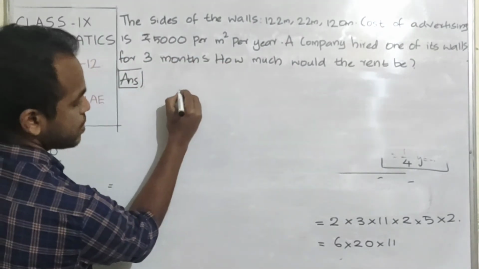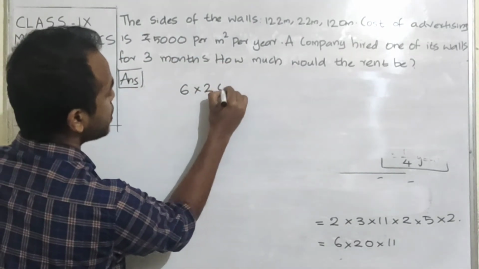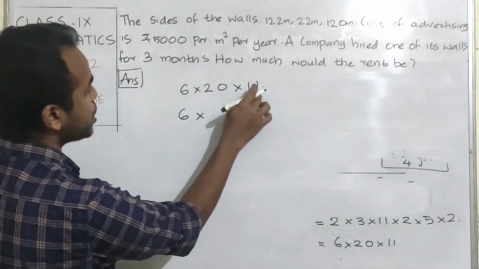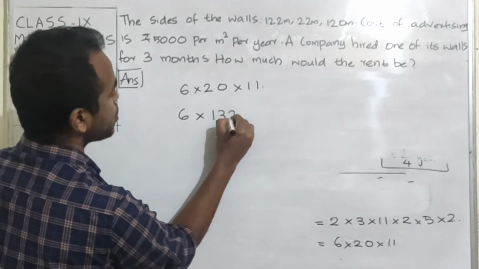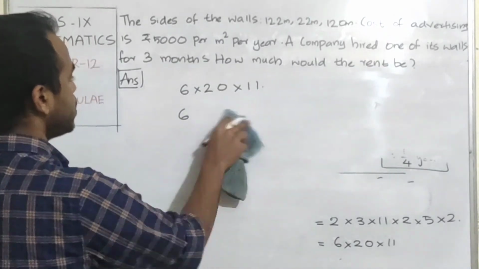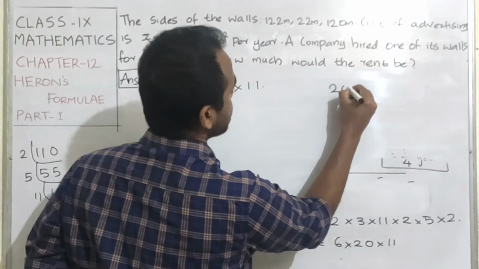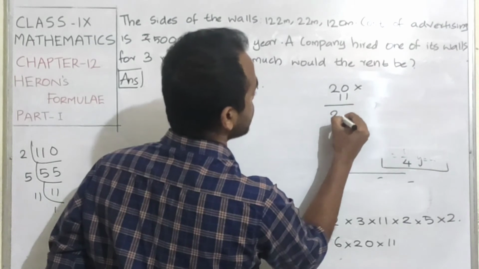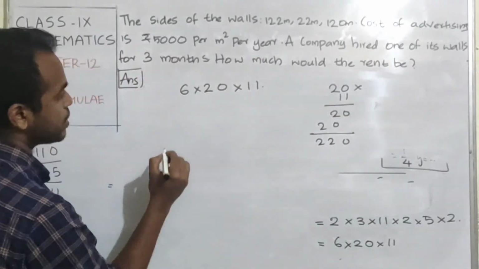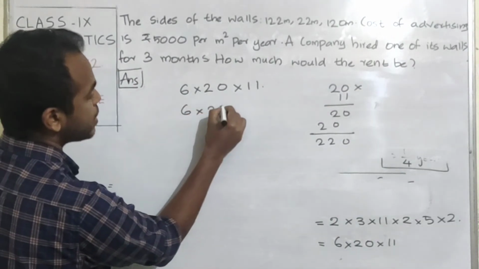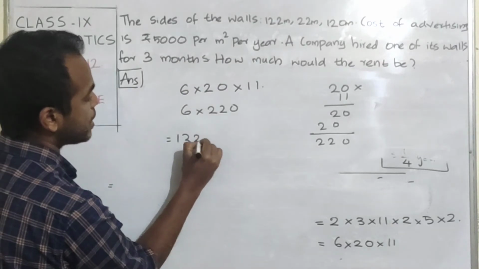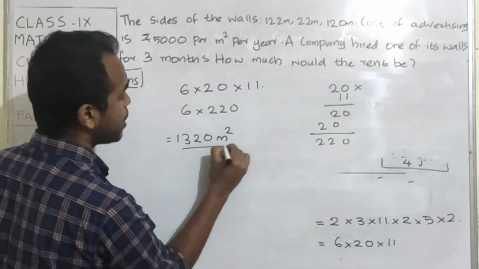So we have got to 6 into 20 into 11. 20 into 11 is 220. We have already written there 6 into 220. What is 22 into 6? If you calculate, you will see that it is 1320 meter square.